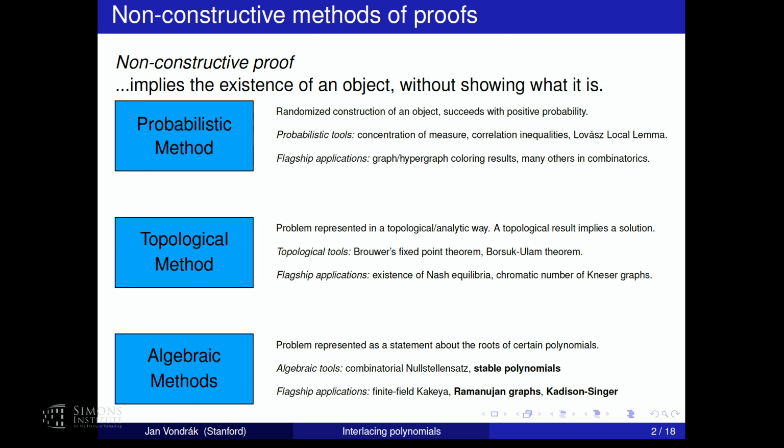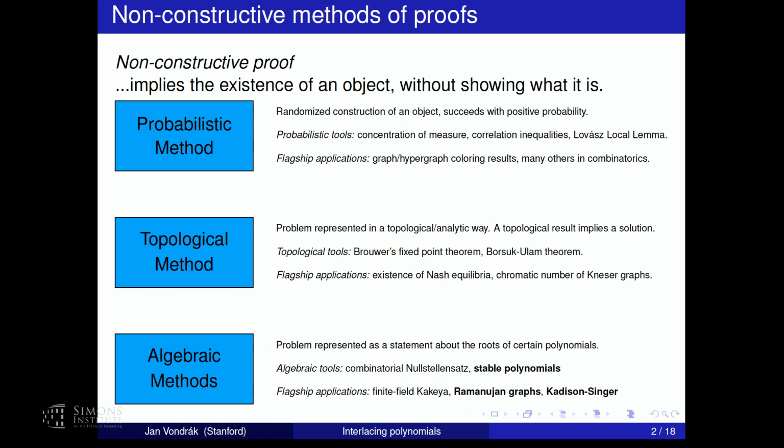And the third category could be described as algebraic methods. One such method is the combinatorial Nullstellensatz. And the more recent one is what we are talking about here, stable polynomials. So what these methods share is that you represent your problem as some statement about the roots of certain polynomials. And you argue about the roots, either some counting argument about how many roots there might be, or something about the location of the roots.